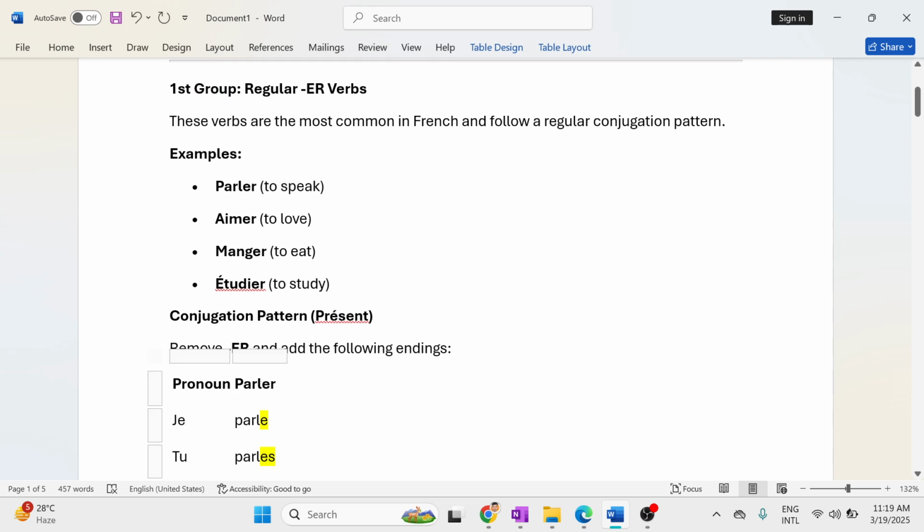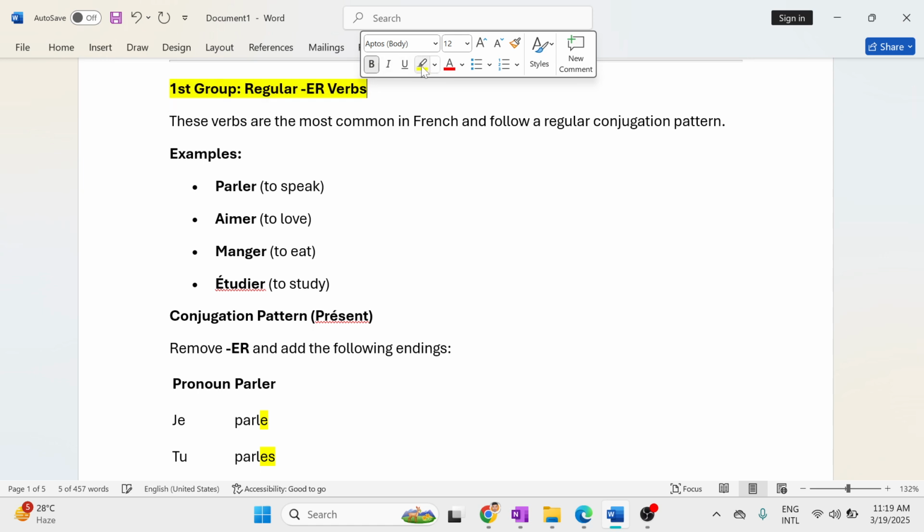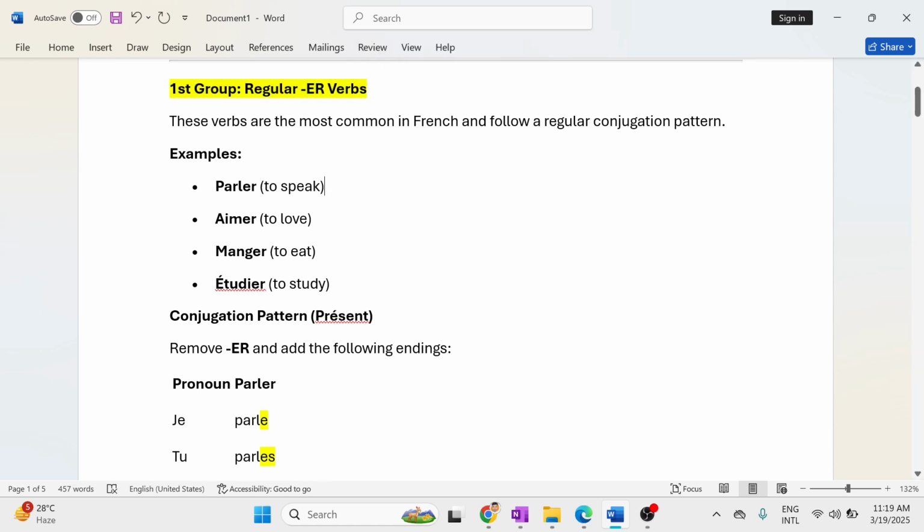And one good thing about the first group is that this is the dominant group in French. Things are kind of smooth here because the majority of verbs belong to the first group. It means that more than 50%, maybe 60% or 70%, of the task is done with only ER verbs. The leftover is 20-30%, which falls in the second group, and the third group is almost only 10% of them.